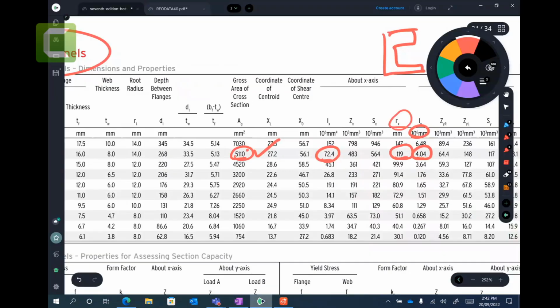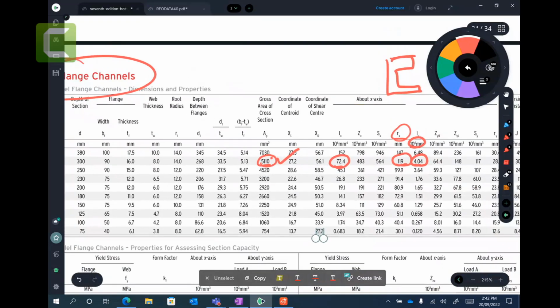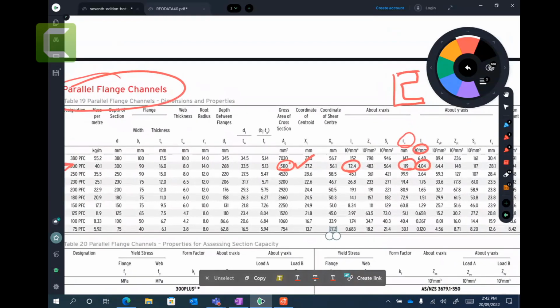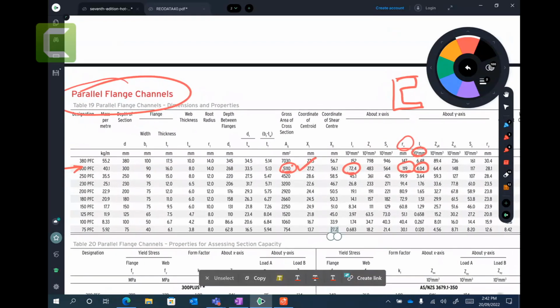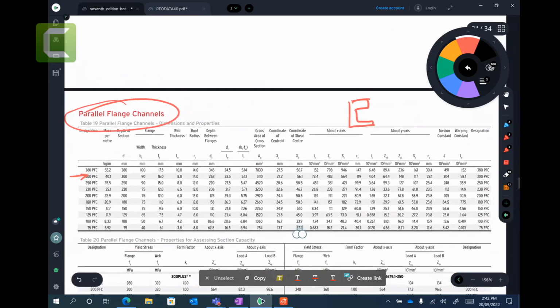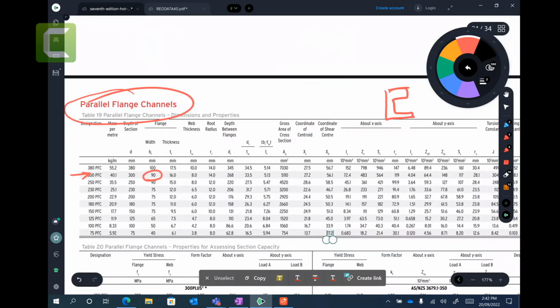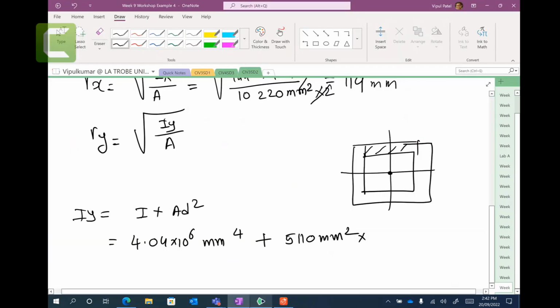So if you just get the distance, there you go. The width of your flange is 90 millimeters. So 90, that is from here.